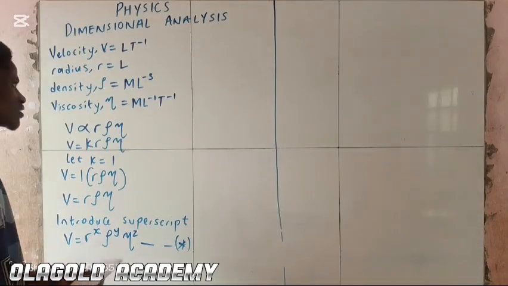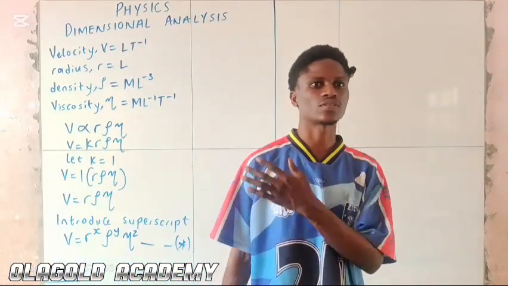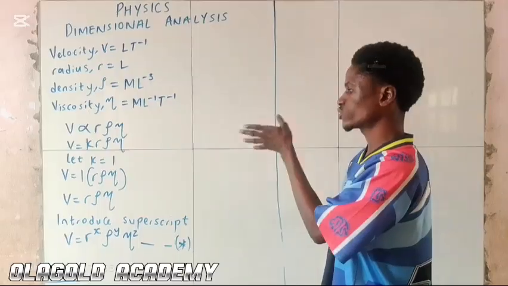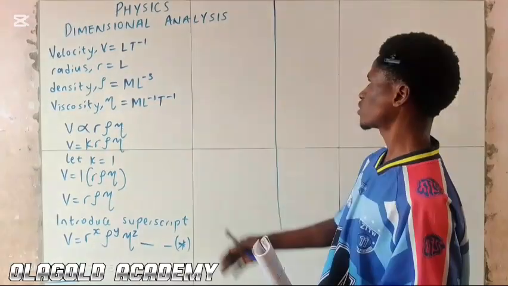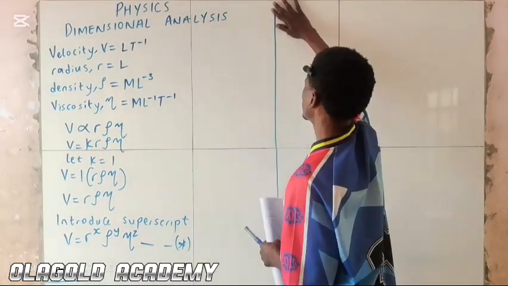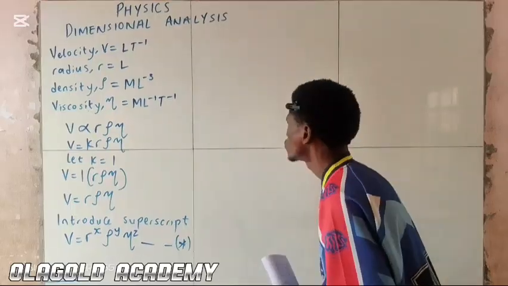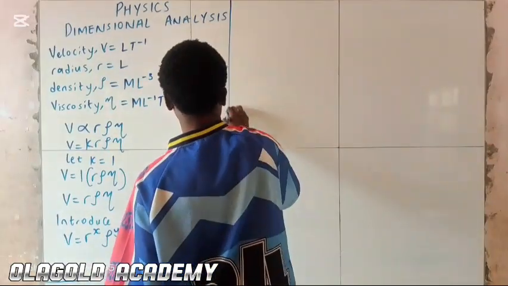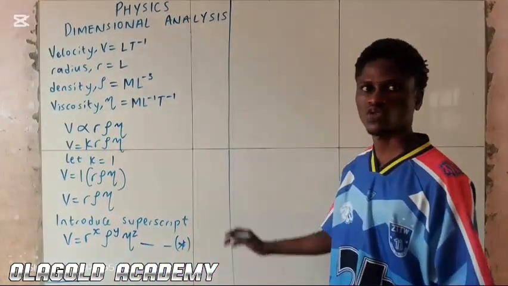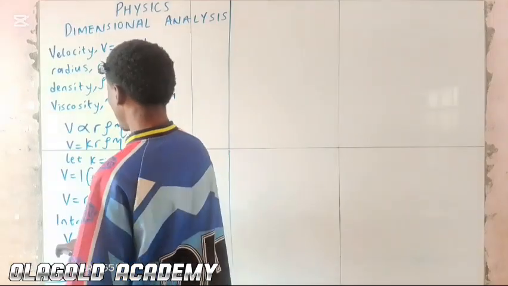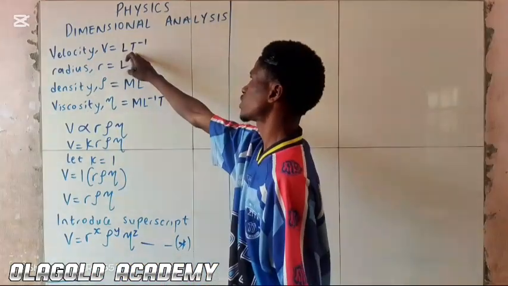So our next task is to bring out their various dimensions. Our V dimension is LT minus 1.